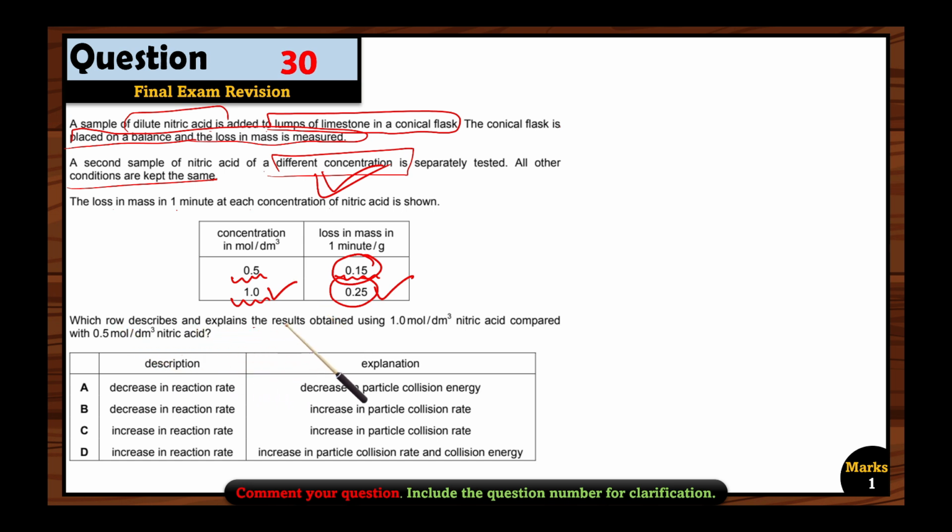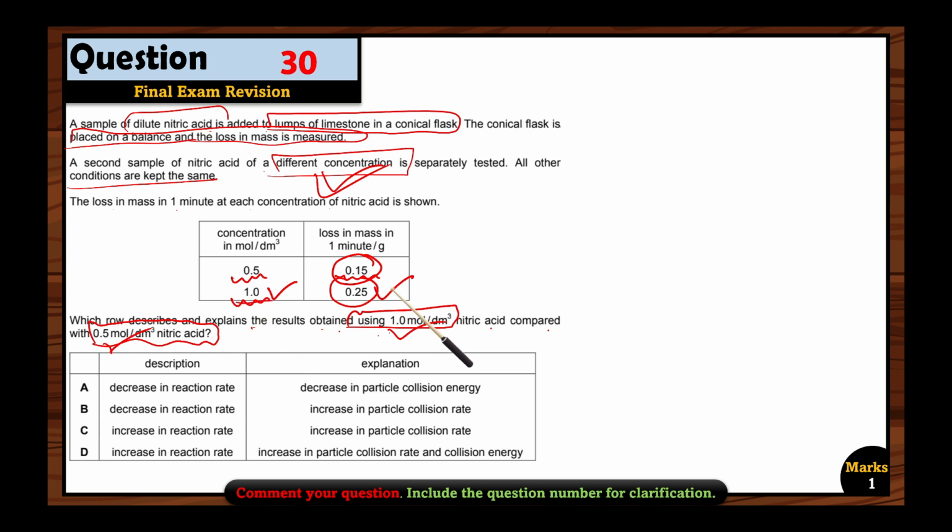Which row describes and explains the result obtained using 1 mole dm cube compared to 0.5 mole dm cube of the nitric acid? So if you have two statements and you are confused about whether to answer according to 0.5 or 1, see, they are actually asking about 1. Explain the result obtained in 1 mole dm cube. Okay, so your answer should be according to 1 mole.